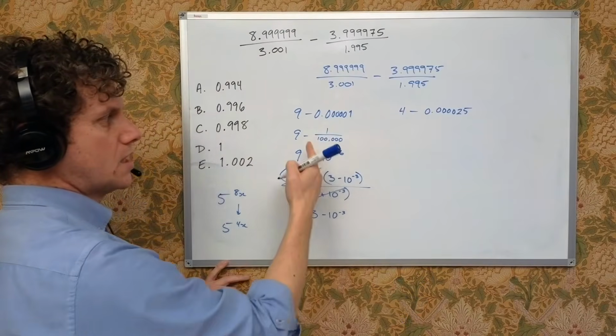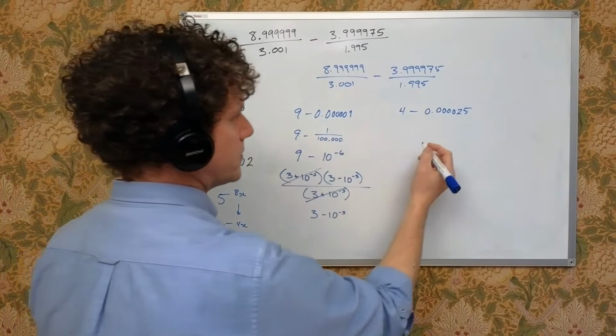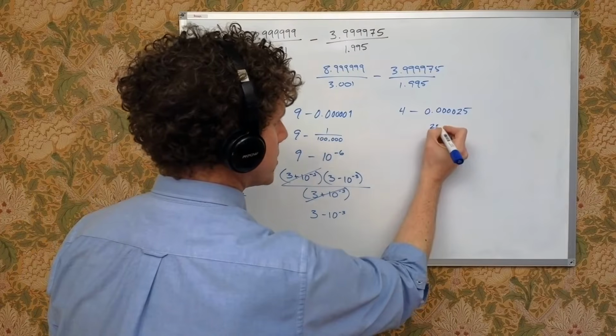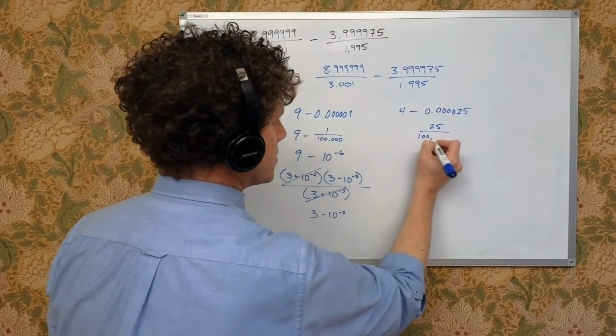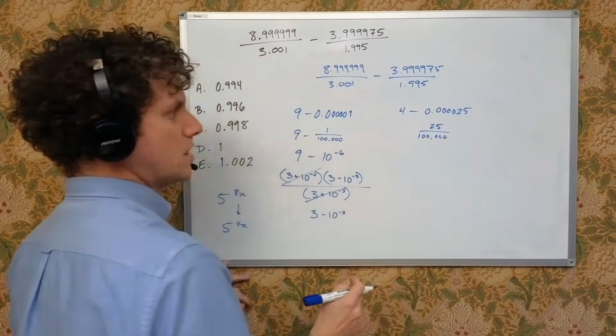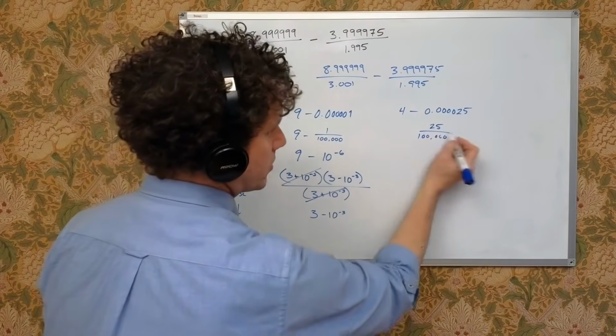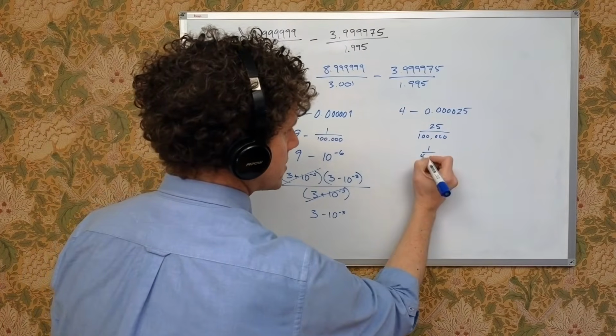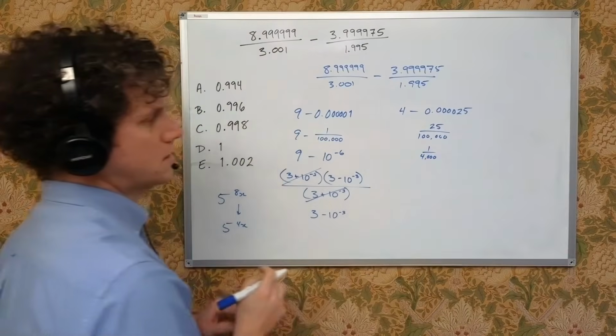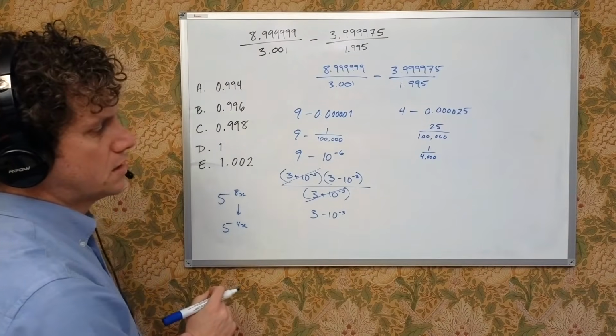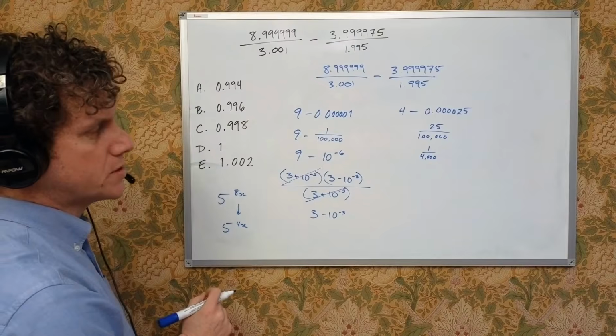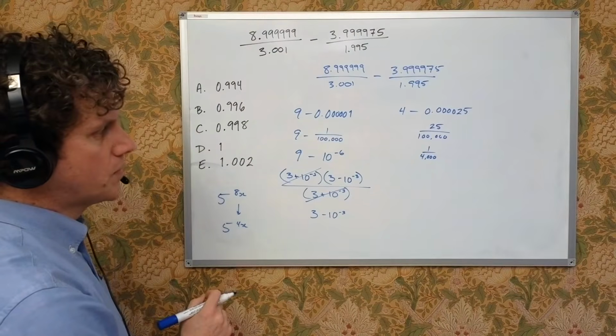And I could potentially get myself into some trouble here, because I could certainly express that as a fraction, and then I could simplify that. 25 goes into 100 4 times. I'm not sure that's where I want to go.